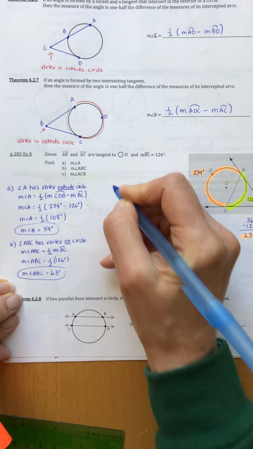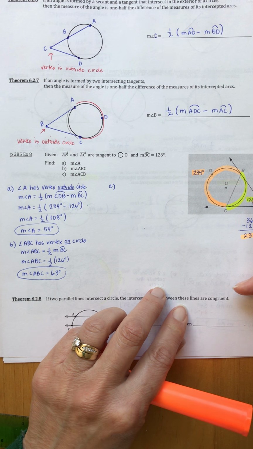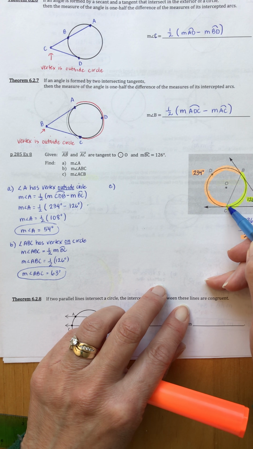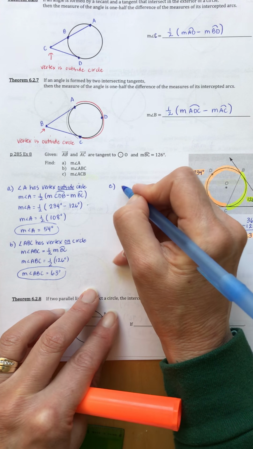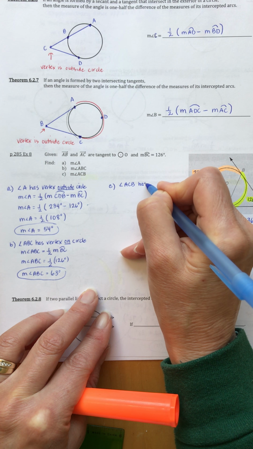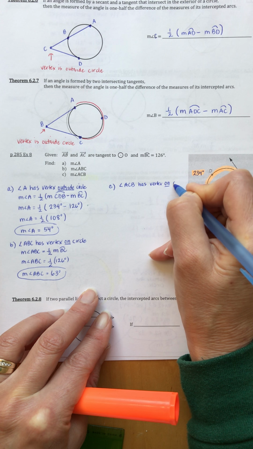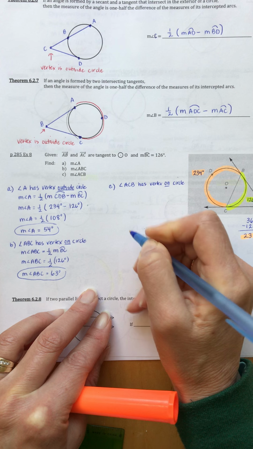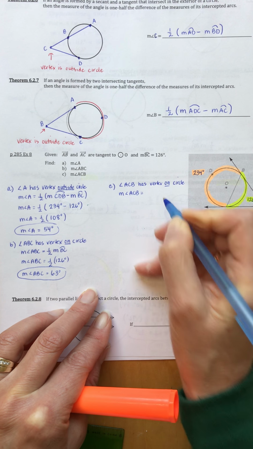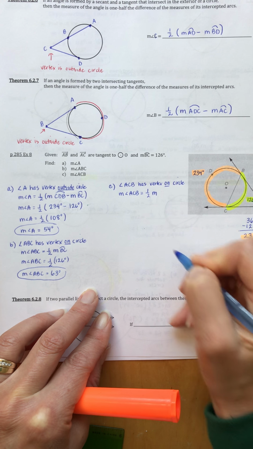Okay, and now part C, the measure of angle ACB. So ACB, where's the vertex for that angle? It's on the circle. So angle ACB has vertex on the circle. So what's the formula? The measure of angle ACB, since it's on the circle, is 1/2 the measure of its intercepted arc.